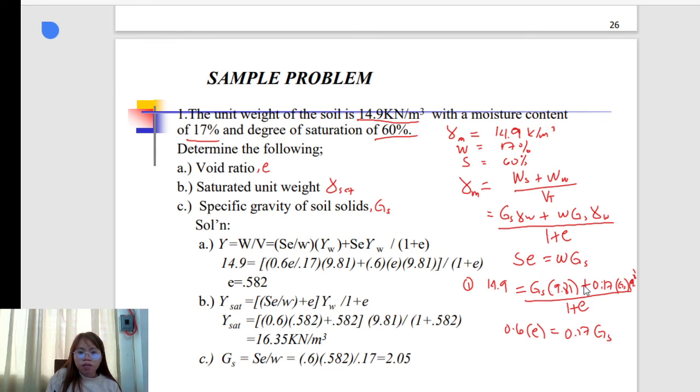So we have two equations, this is equation 2. We have two equations, 1 and 2, and two unknowns, the specific gravity and the void ratio. If we solve these two equations, E is equal to 0.582.